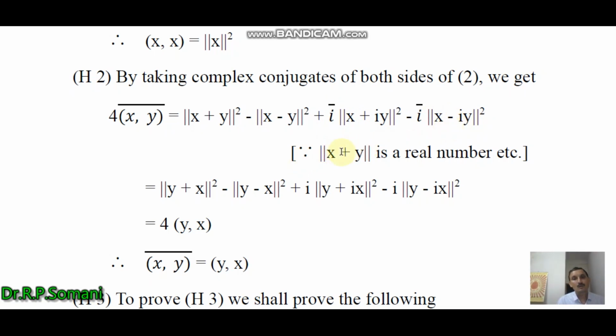Because norm of x plus y is a real number, we have omitted the complex conjugate sign on this norm.